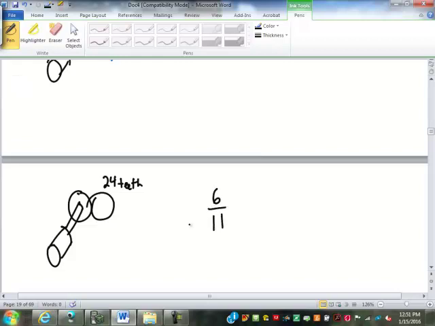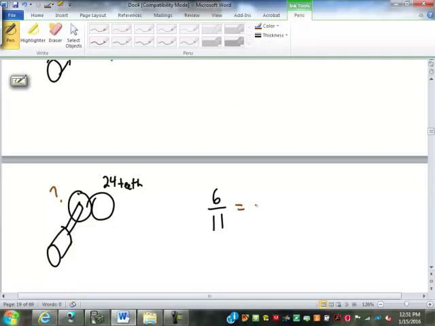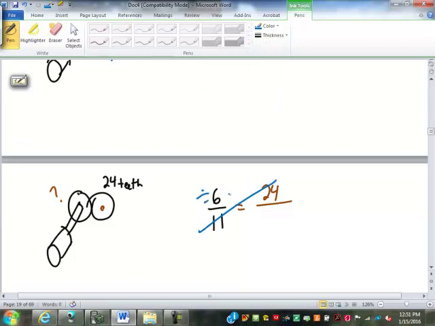How many teeth do I need on that other gear? Where's the 24 go? Top. It is the driven gear. So now we cross multiply and divide. We get how many teeth? 44. Very good.